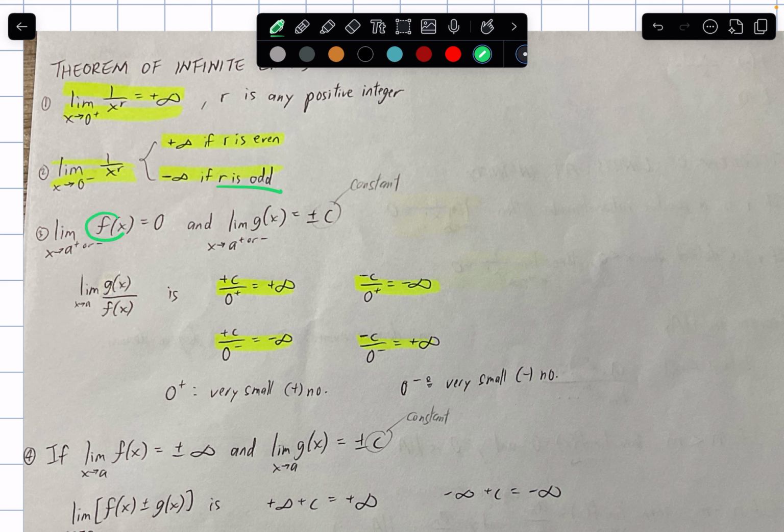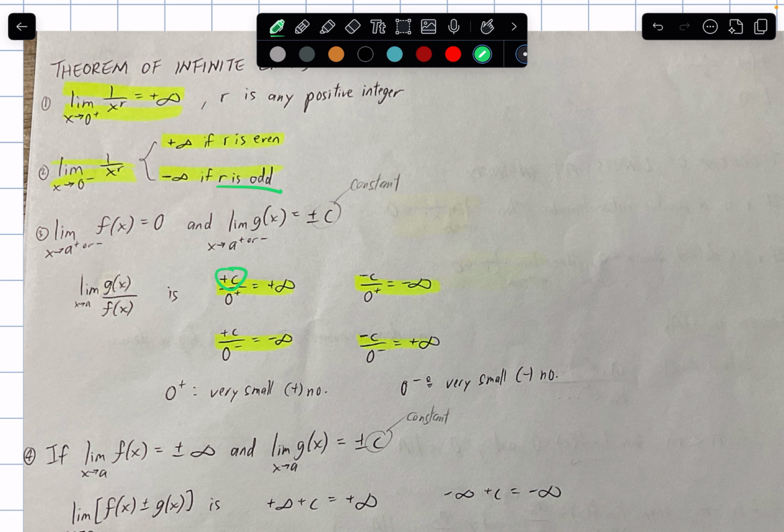If we bring the limit of f of x in the denominator and g of x in the numerator, it could give us 4 possible orientations. That's the word I'm going to use personally.